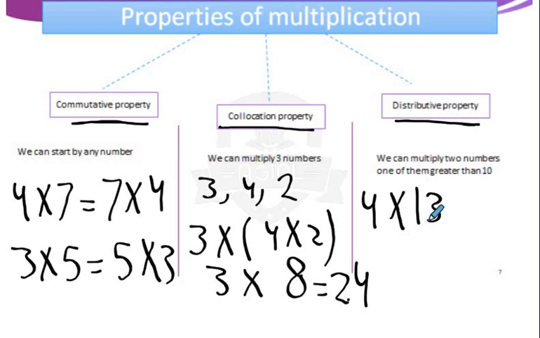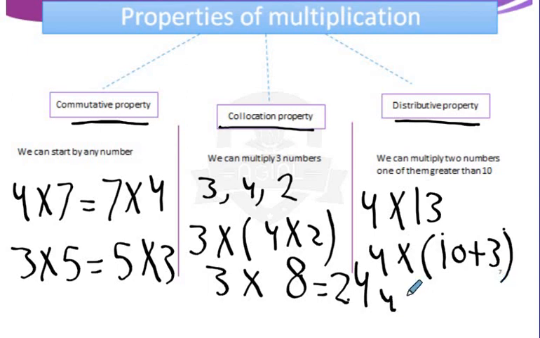In here, we will write 4 multiply 13 equals 10 plus what? Who can say? Excellent. 10 plus 3 equals 13. So we write at first 4 multiply 10 plus, we take 4 again, multiply 3. This is called distributive property.